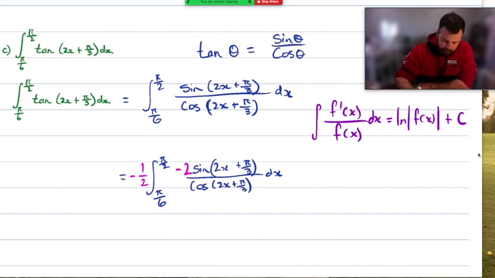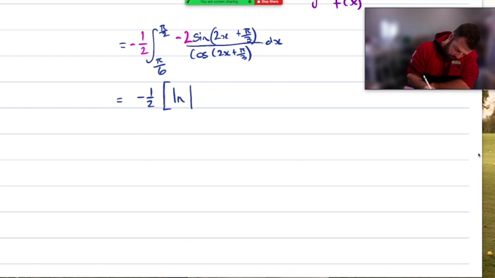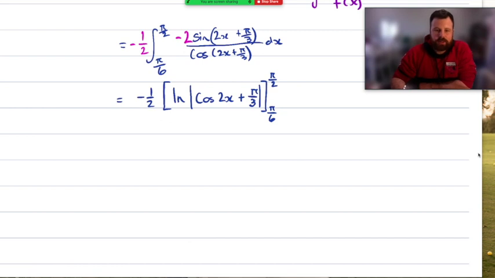So where we are now is that this integral is just equal to negative a half outside of ln of the absolute value of cos of 2x plus pi on 3, between pi on 2 and pi on 6. So now that's great.